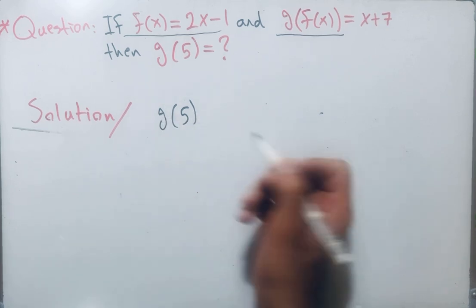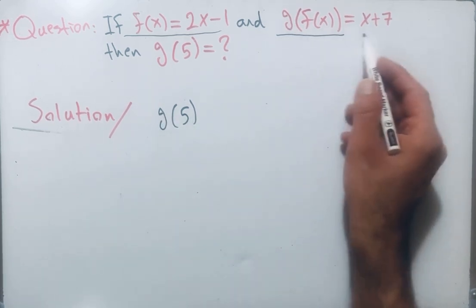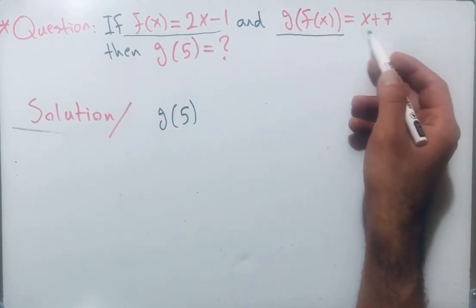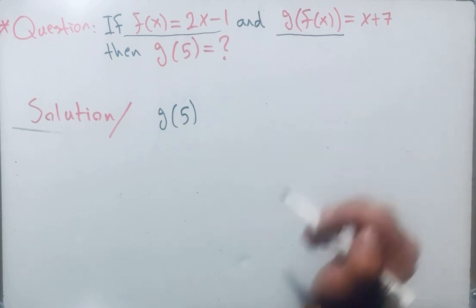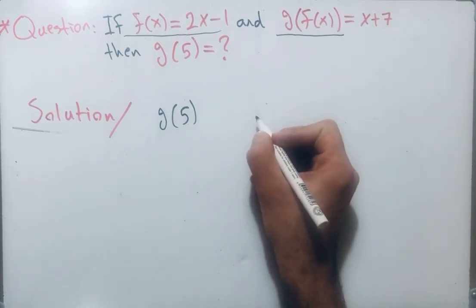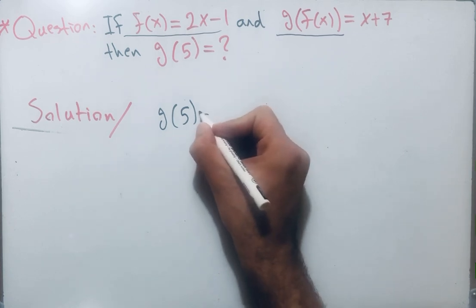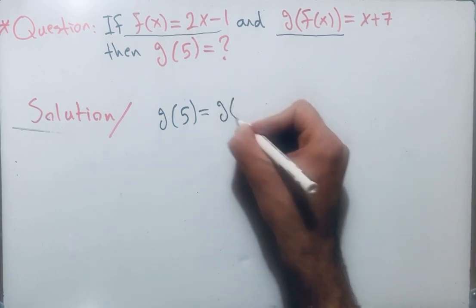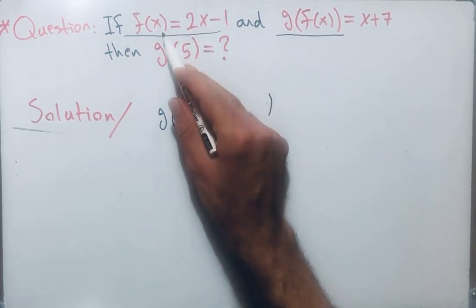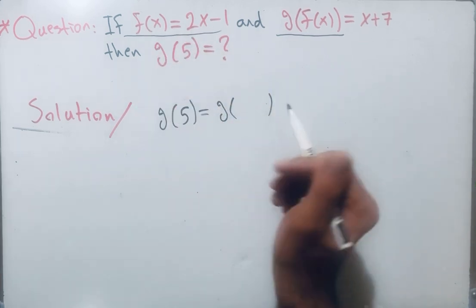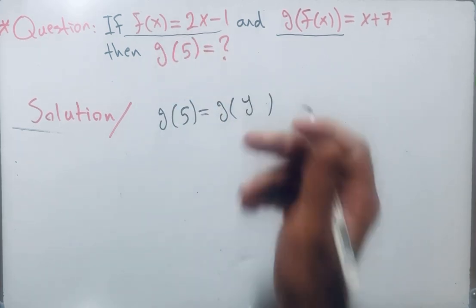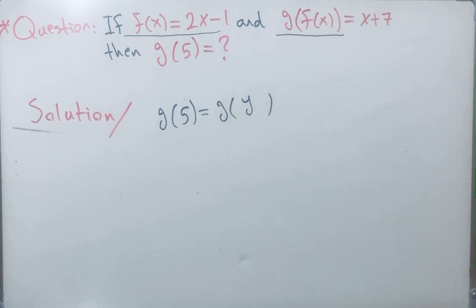Okay, now enough talking. So we want to find g of 5, right? However, g of f of x is given, which is x plus 7, right? So we want to find a value of x or of f of x. Let's say y. We always call f of x y, right?